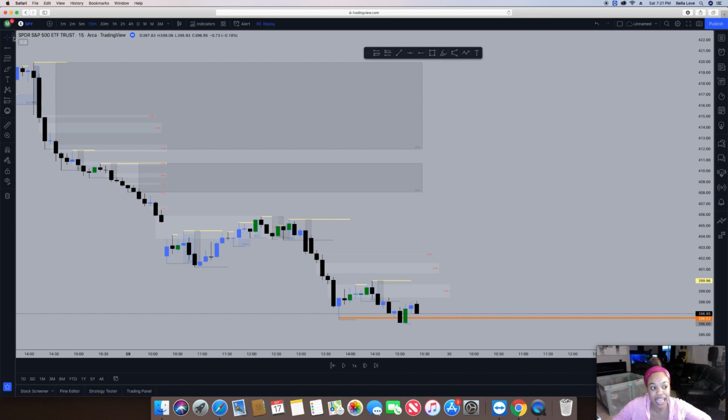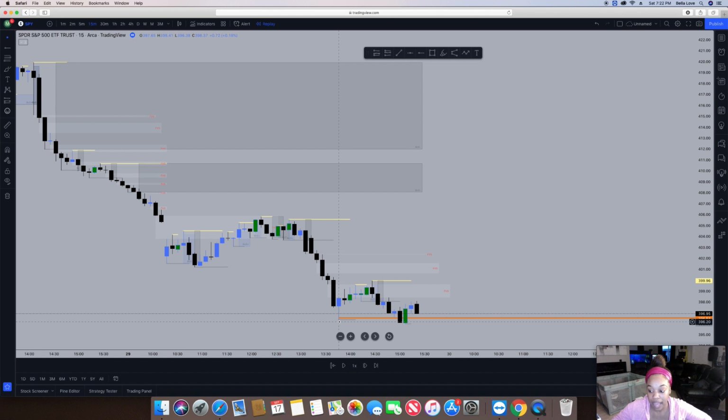Everybody been telling me they can't see my cursor, so I don't know if I should use like an arrow or something. If I use an arrow, would you guys be able to see it clearer, or should I use like a dot, like here? Let me just try to play with this, because I want everybody to see it clear. So let's just say I'm using a dot.